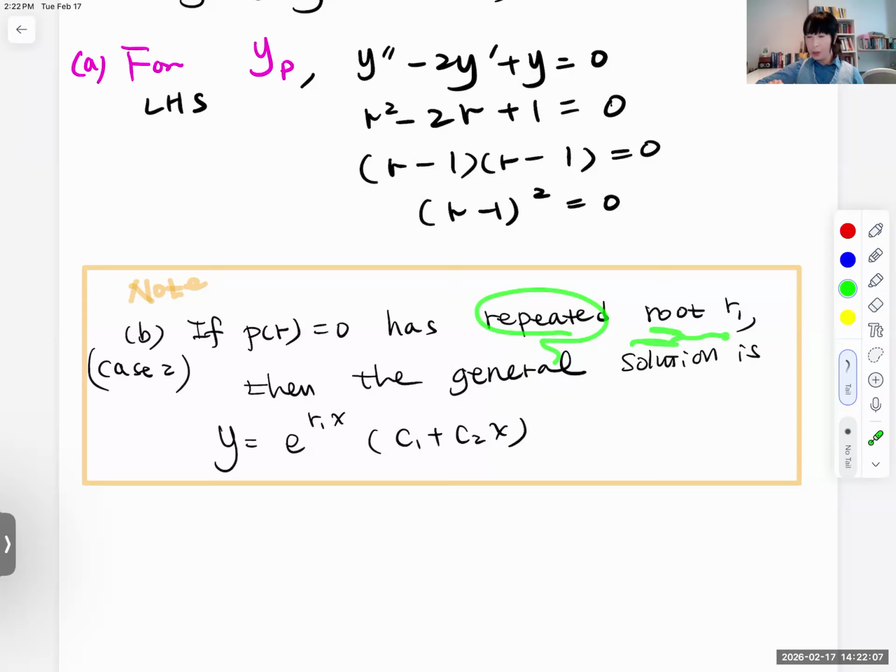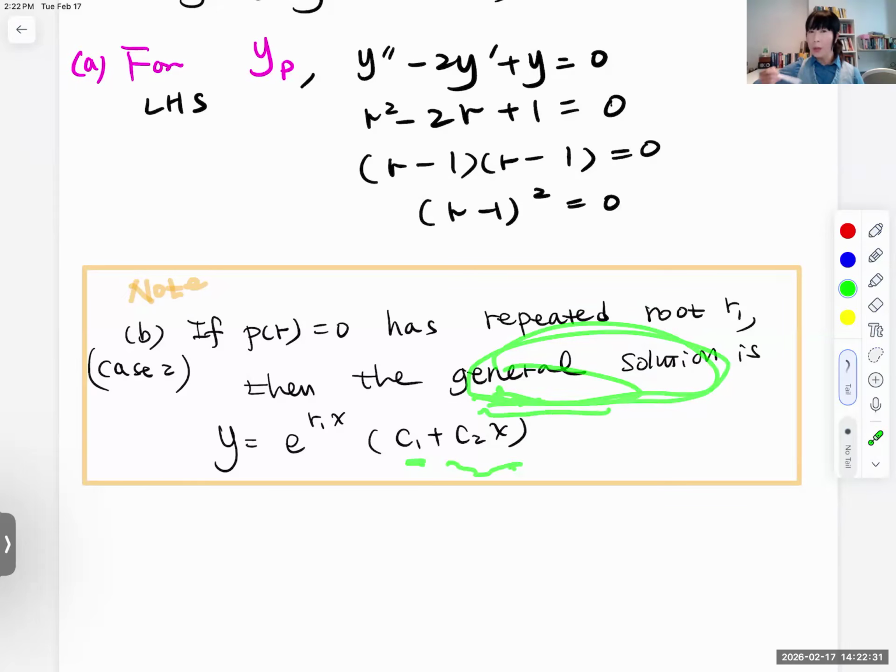We can just use the notation r sub 1. Then the general solution is y equals e to the r sub 1 x times c sub 1 plus c sub 2 times x. In the previous section we were using the general solution, but now it will be the particular solution.